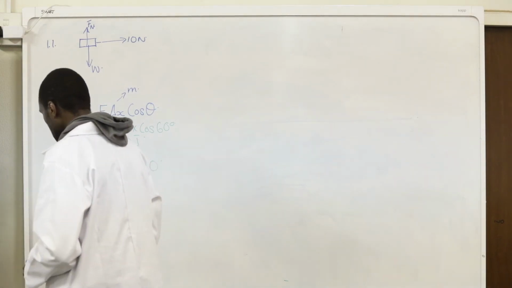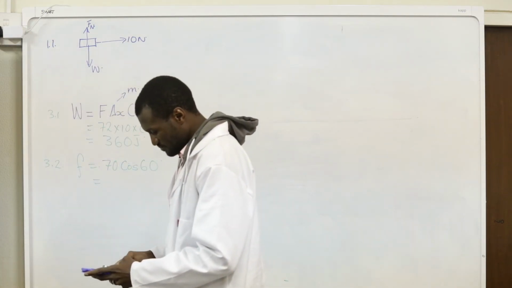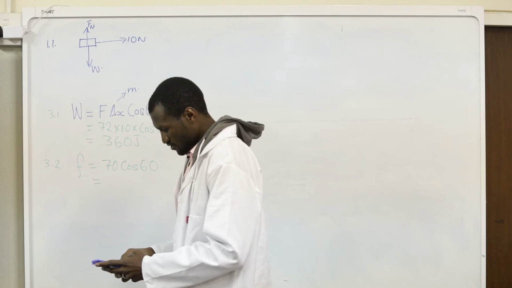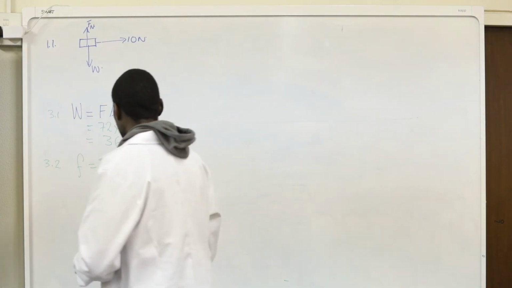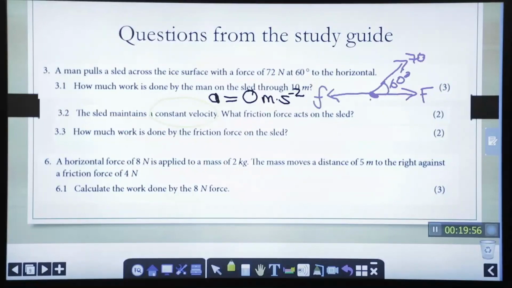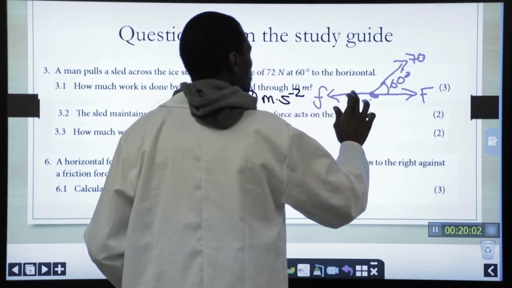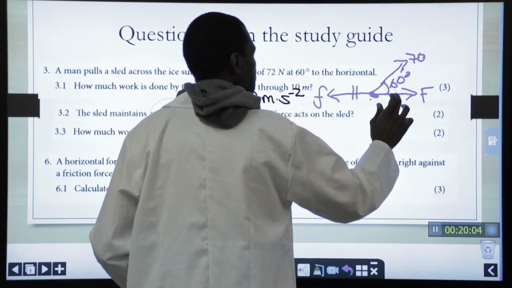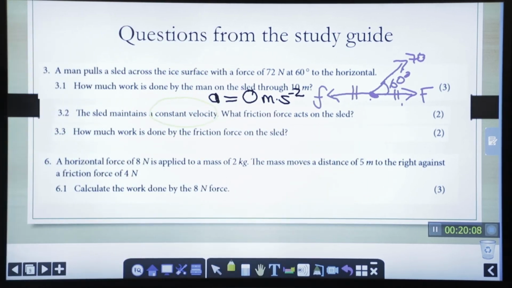Remember our resolution? That will be our force. Calculator out, I think the answer is 35. Cos of 60 gives 35, and that force is in newtons. So it's equal to the force along the horizontal. These two forces are equal.